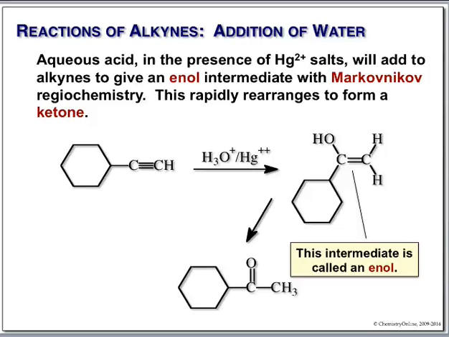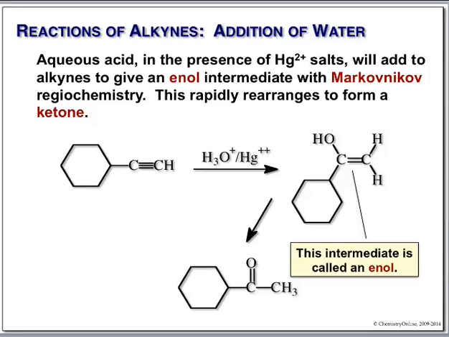Remember we have Markovnikov and anti. Okay, this is Markovnikov. So you look at this. This is the carbon that would give us the most stable carbocation. So when we add water, H2O, the oxygen is going to go to this carbon. And that gets us here.